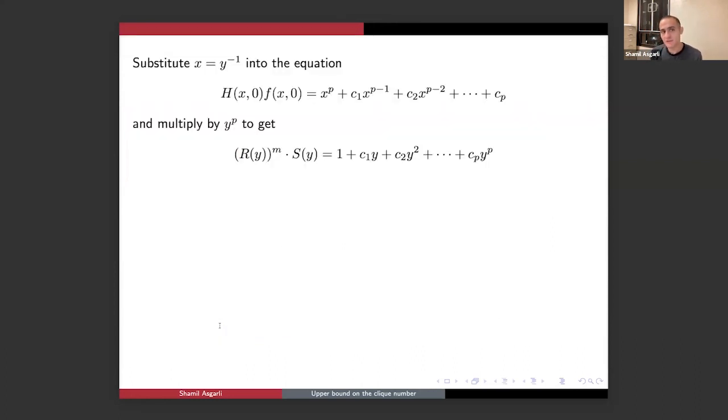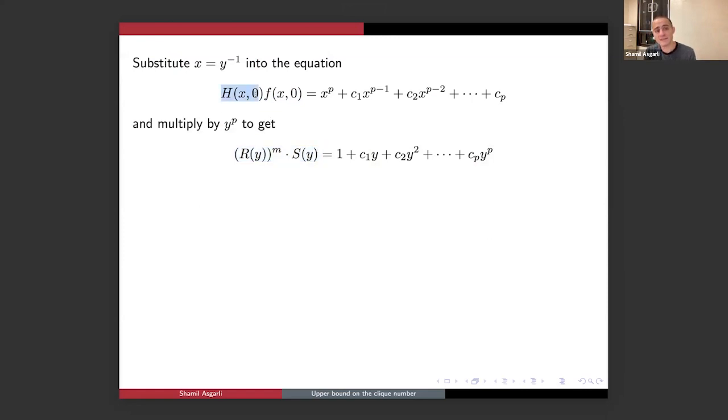What we're going to do is substitute x equals y inverse into our equation, and then multiply by y to the p. This is going to transform the left-hand side into this, right?